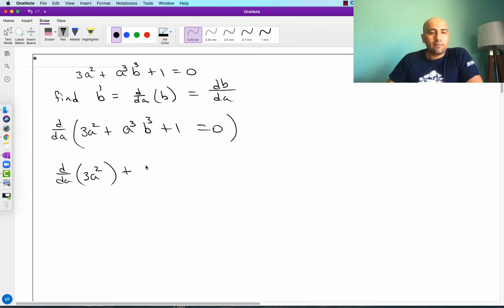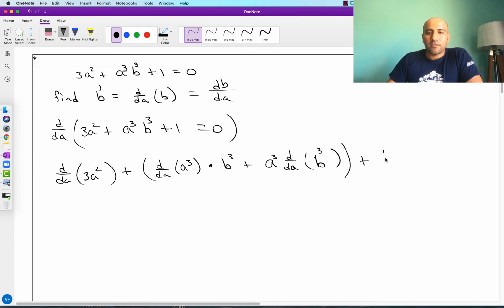So it's going to be equal to the derivative with respect to a of the first one times b cubed, plus, now we leave the first one alone, and then the derivative with respect to a of the second one, b cubed. Okay, so that's a little product rule. Plus the derivative with respect to a of the 1 equals the derivative with respect to a of the 0.